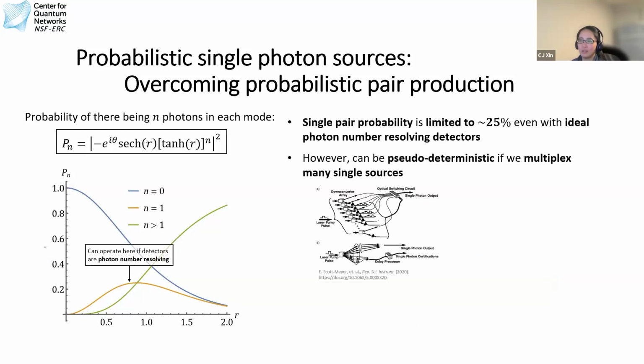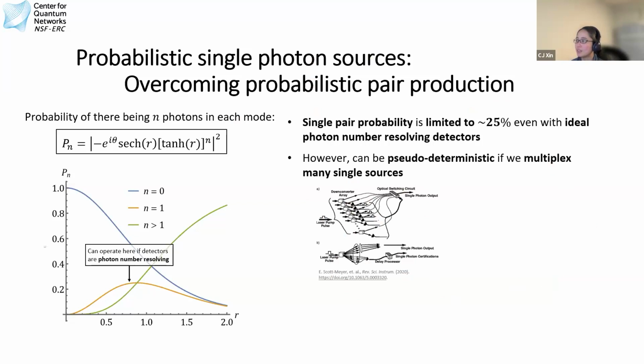However, you can be pseudo-deterministic, it turns out, if you multiplex many single photon sources. Multiplexing, basically, you make a bunch of them all at once, and then you put them all in a switch, and then you use the detector, and at any point in time, one of these might click, and then you get something out.